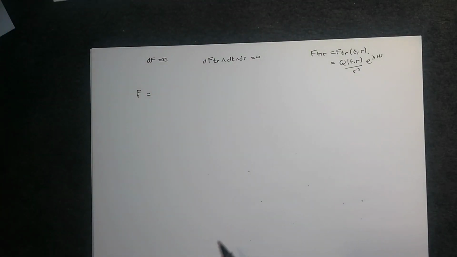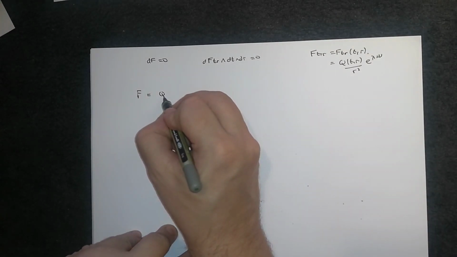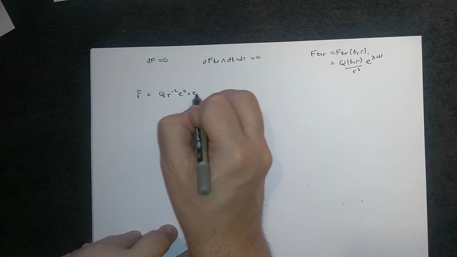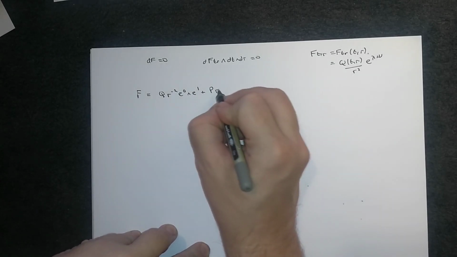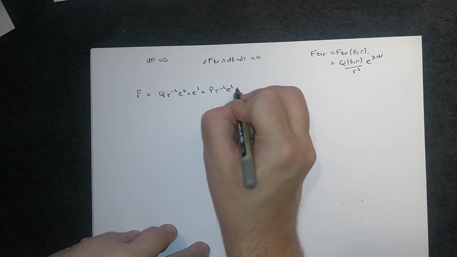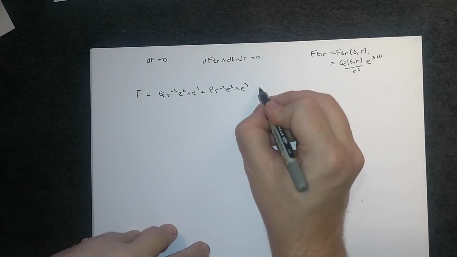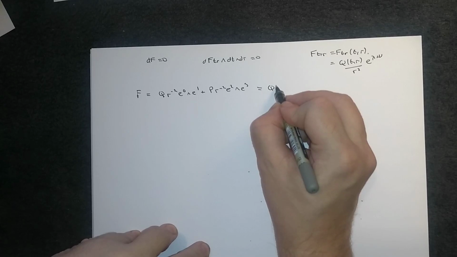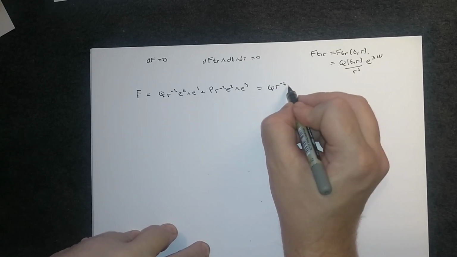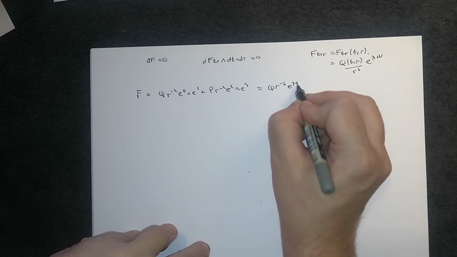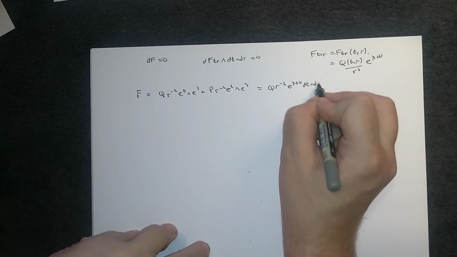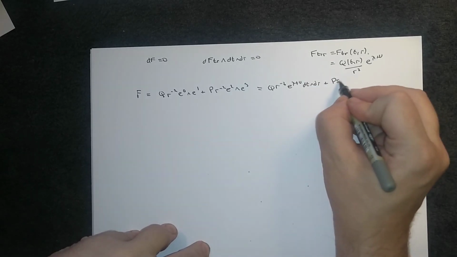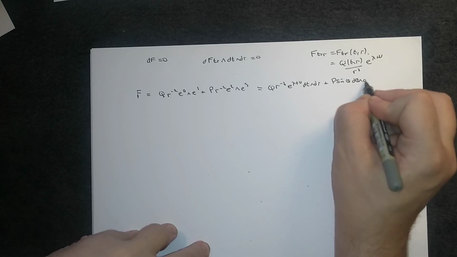So we get F is q r to the minus 2 e0 wedge e1 plus p r to the minus 2 e2 wedge e3, which is q r to the minus 2 of e to the λ plus ν dt wedge dr plus p sin θ dθ wedge dφ.